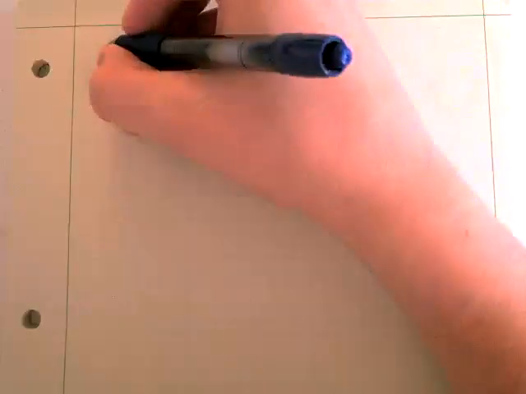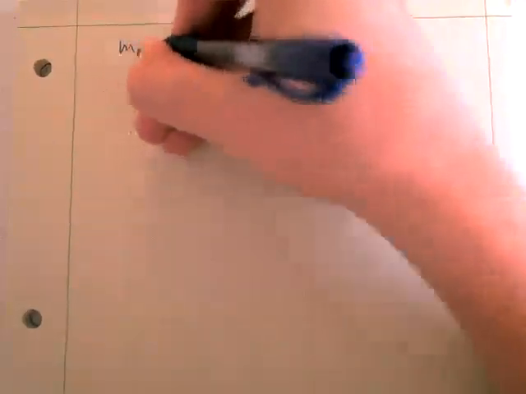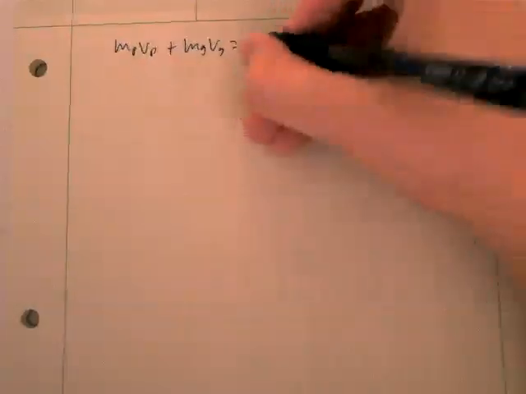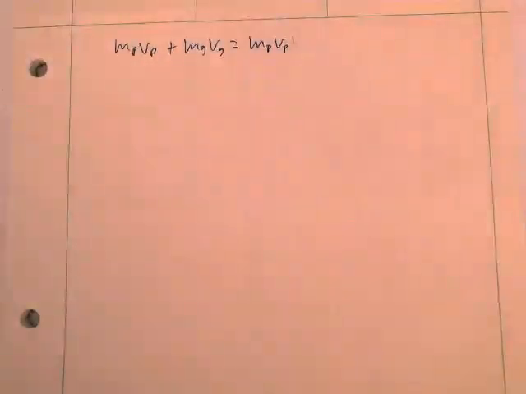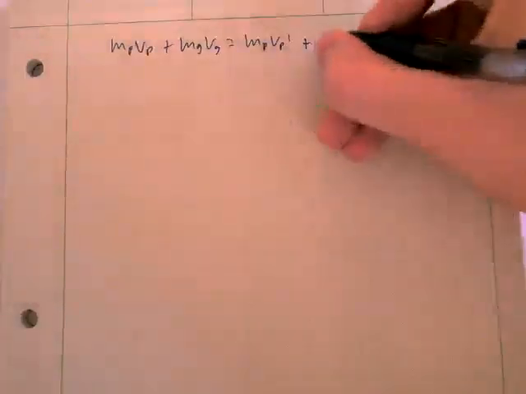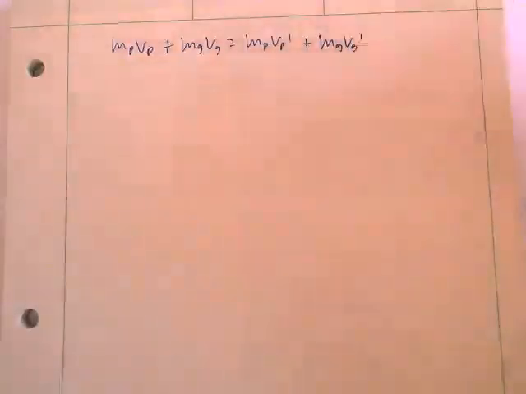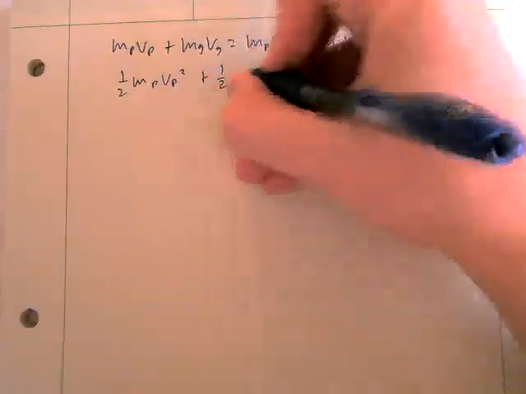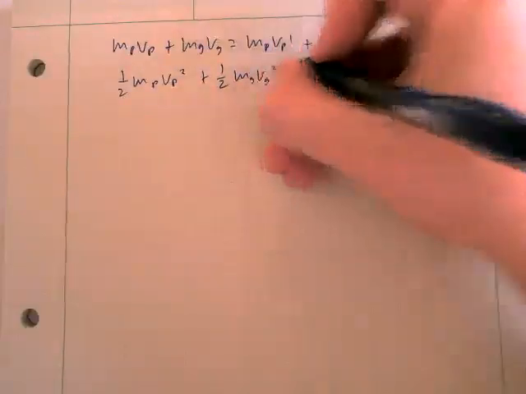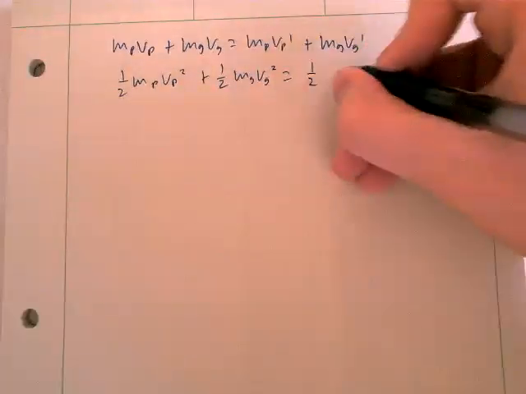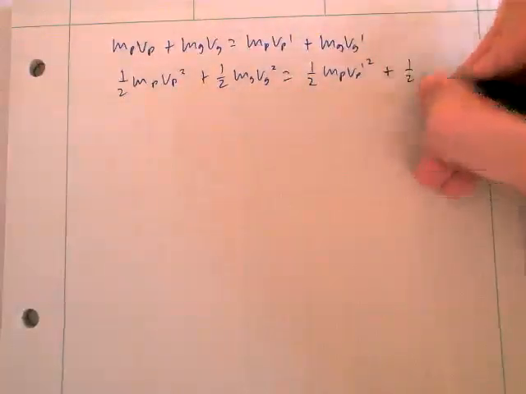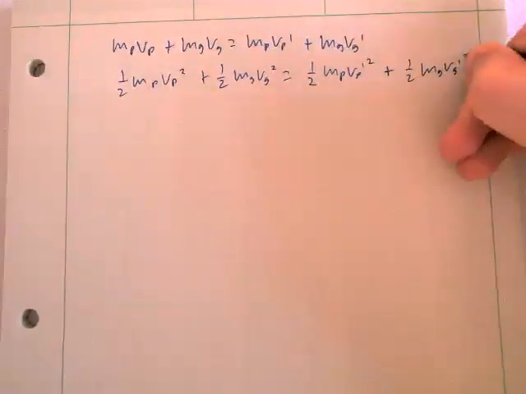So again, we have MP VP plus MG VG equals MP VP prime plus MG VG prime, and we have 1/2 MP VP squared plus 1/2 MG VG squared equals 1/2 MP VP prime squared plus 1/2 MG VG prime squared, right?